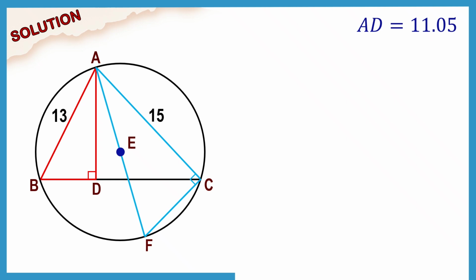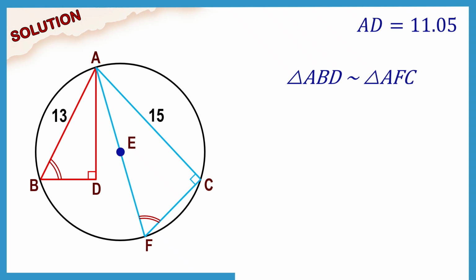Both are 90 degrees. Also, angle ABD equals angle AFC because they subtend the same chord AC. Therefore, triangles ABD and AFC are similar.